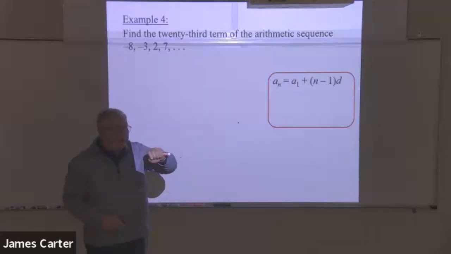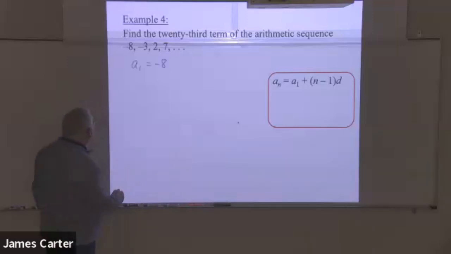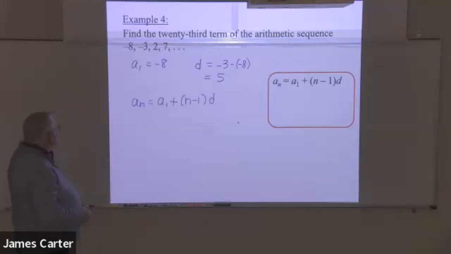So our common difference is -11. So on this particular problem, -3 minus -8, duh, my mistake, is 5. I'll have to edit that out of my video probably. Okay, so anyway, common difference is 5.